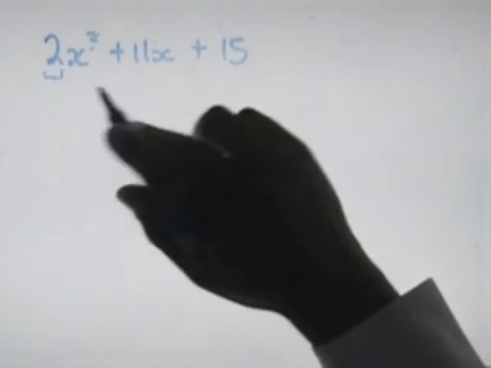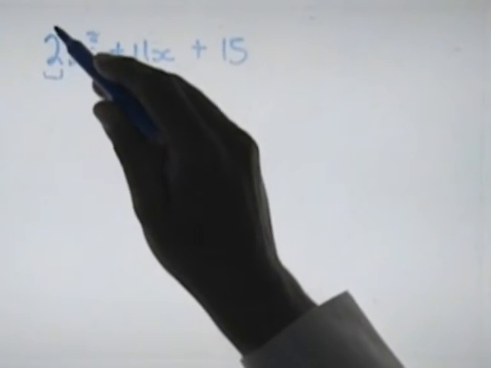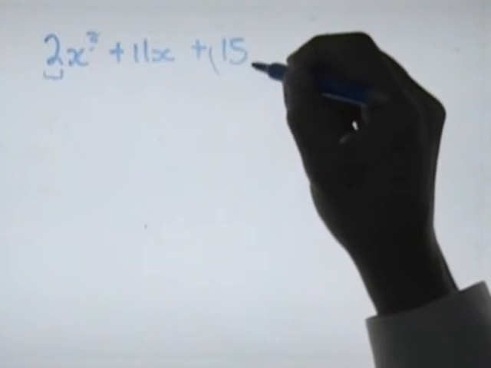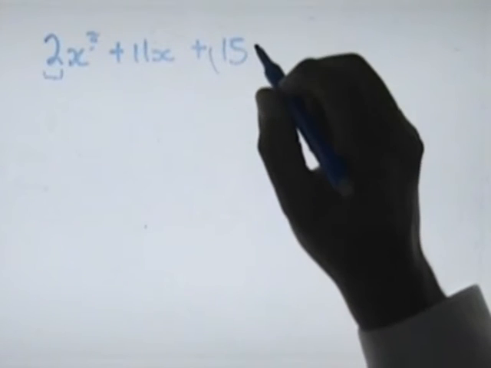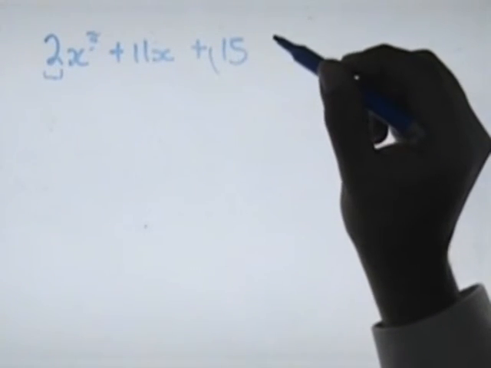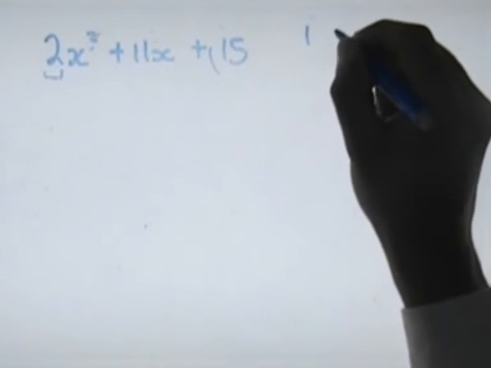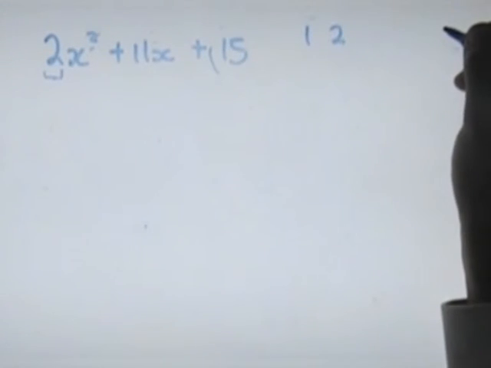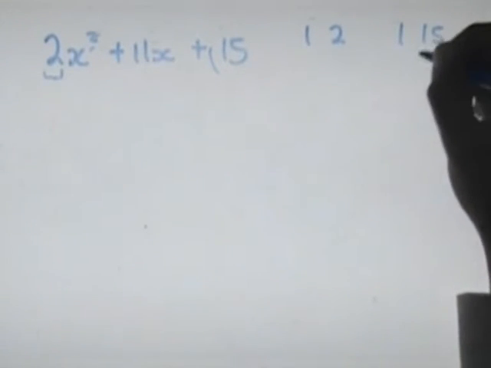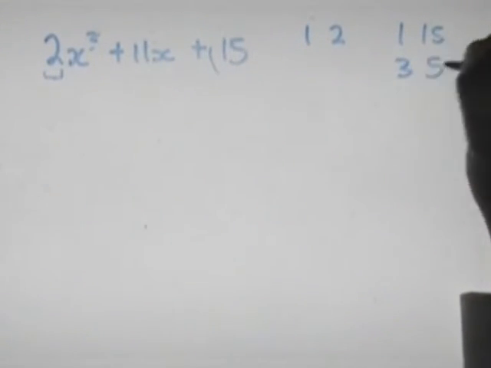What we are now going to do is look at the factors of 2 and the factors of 15 that together will give us positive 11. The factors of 2 are just 1 and 2. The factors of 15 are 1 times 15 and 3 times 5.